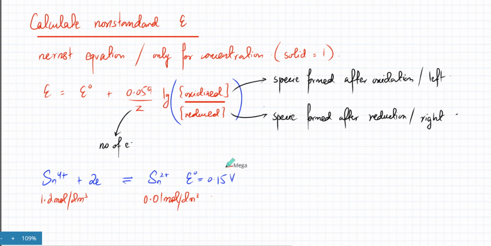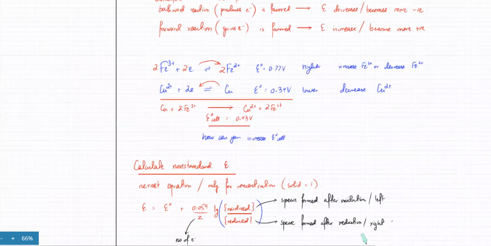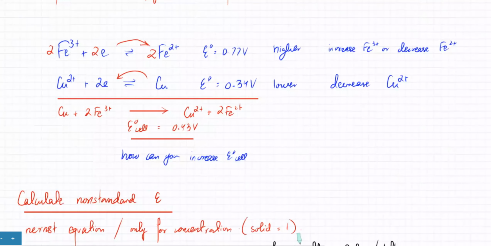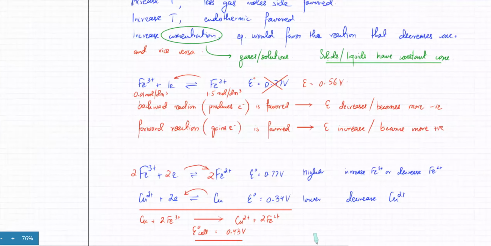Equilibrium will shift towards Sn4 plus. And what will happen, higher or lower? If it moves in the forward direction, it's going to become higher.